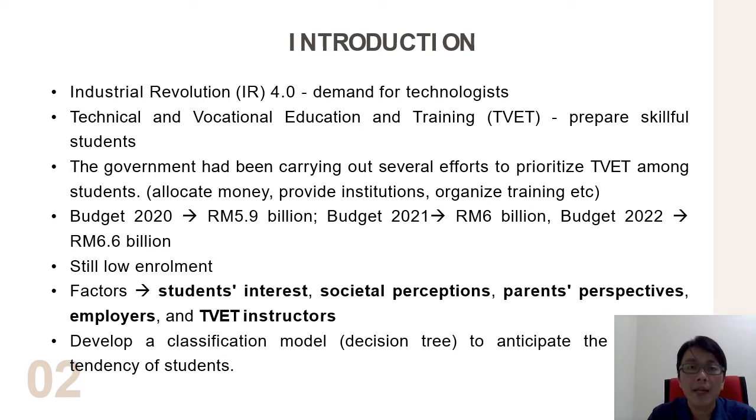Our government has been carrying out several efforts to prioritize TVET among the students. For example, our government allocates money, provides institutions, organizes training, etc. Besides that, our government has also increased the budget allocation from 5.9 billion in 2020 to 6.6 billion in 2022.